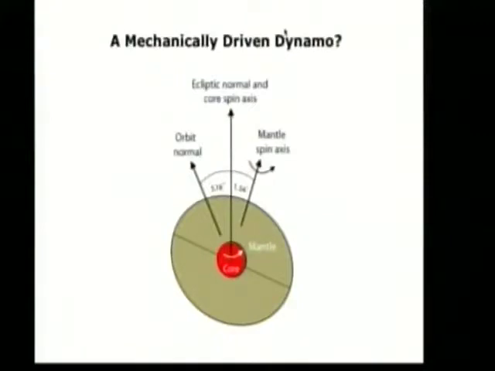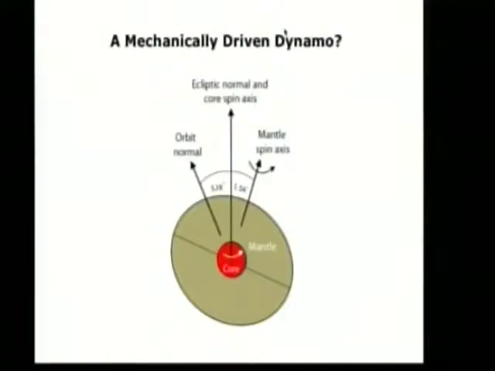Then you see this red liquid core center where the metal is. The core is spinning with its north spin pole along that big vertical arrow right in the middle. Now the mantle is also spinning, but it's tilted with respect to the core. And not only is it tilted, but it precesses like a top. Spinning, but also it wobbles.